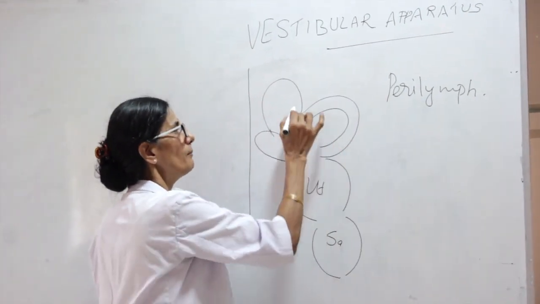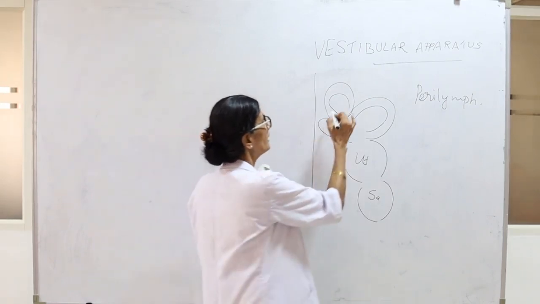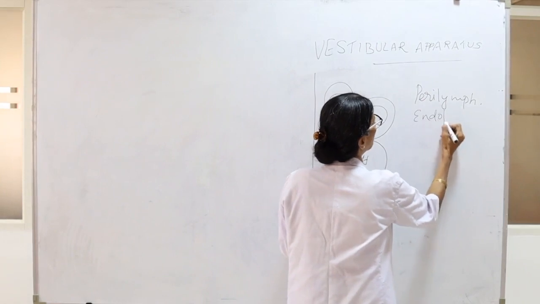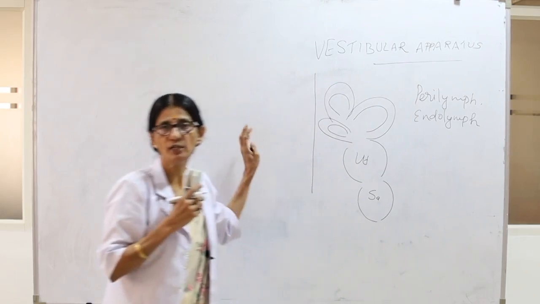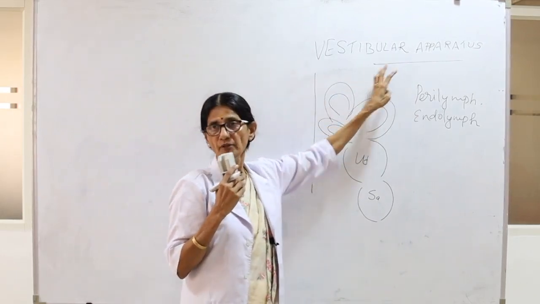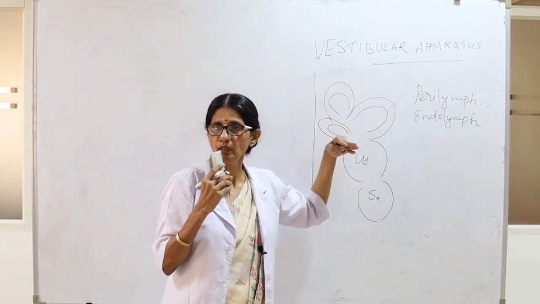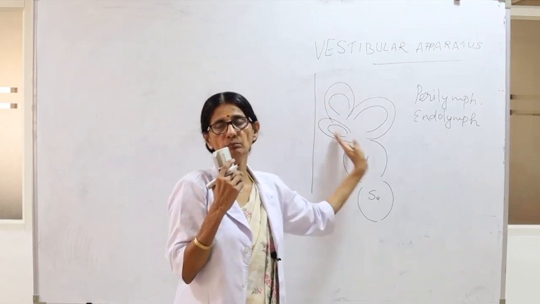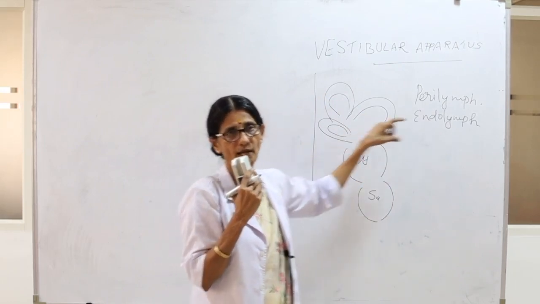So we have the bony labyrinth which is filled with perilymph. At the same time, the membranous labyrinth is filled with a fluid called the endolymph. Both of them are different for some reasons. The perilymph is situated between the bony labyrinth and the membranous labyrinth, whereas the membranous labyrinth is filled with endolymph.